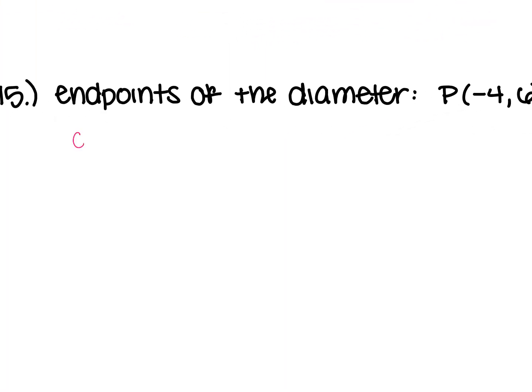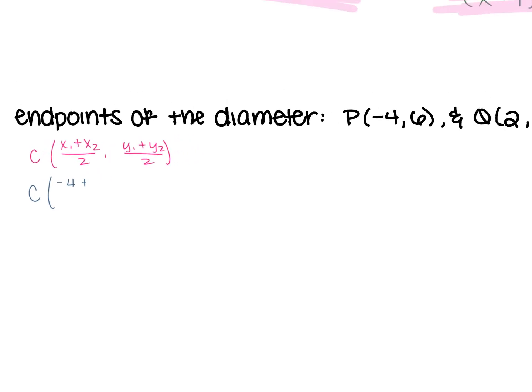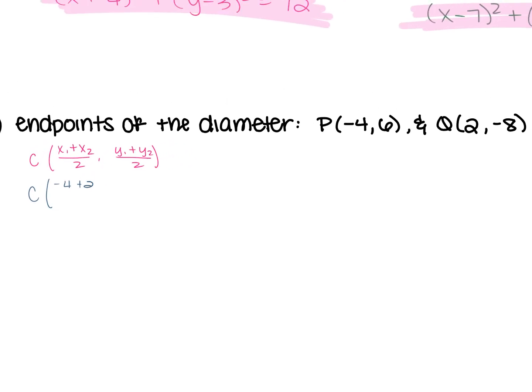So your center, I'm going to label as C of x1 plus x2 over 2, comma, y1 plus y2 over 2. So this is going to give us negative 4 plus 2 over 2, comma, 6 plus negative 8 over 2.